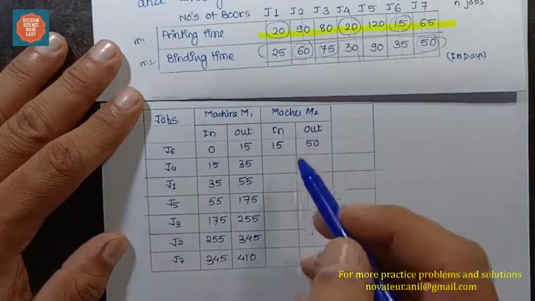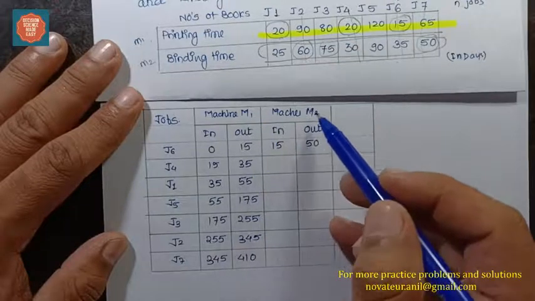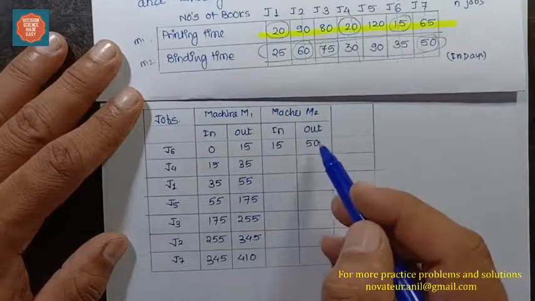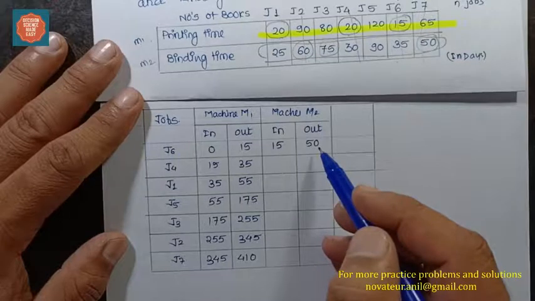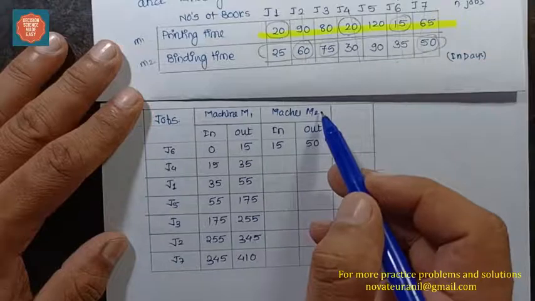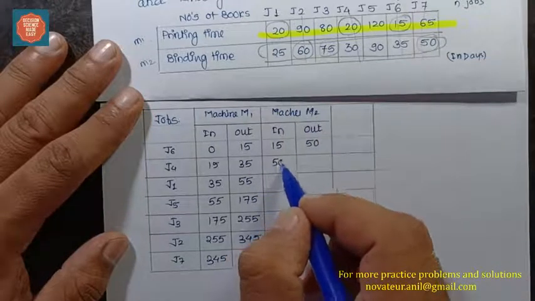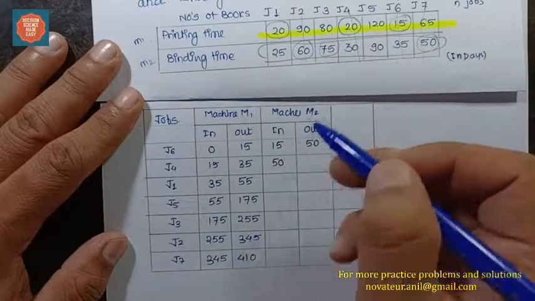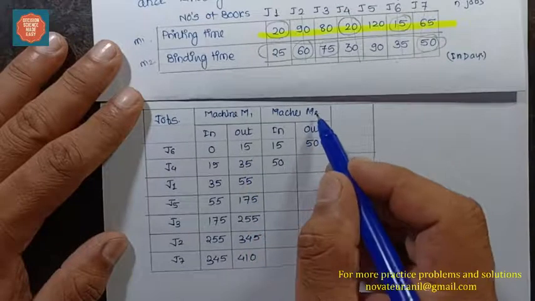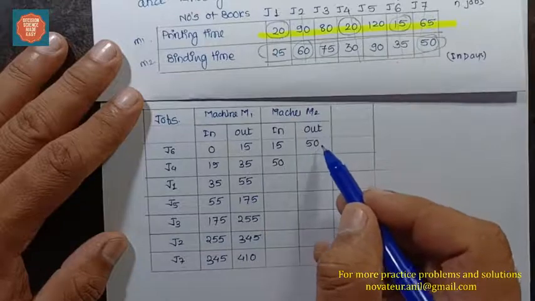Since the first job of M1 is finished at 35 days and machine M2's first job is finished at 50 days, we have to compare which number is higher. We need to consider that, because till the time M1 is finished, M2 is finished, we cannot start the next job. So 50, 35, I'll just write down 50 here, because M2 cannot process the next job even though M1 has finished at 35 days, since M2's job will be finished at 50 days.